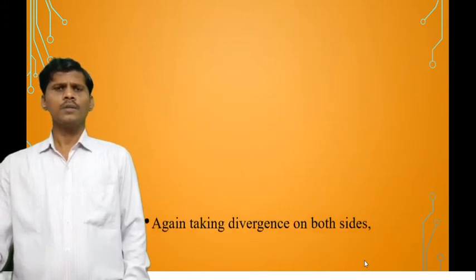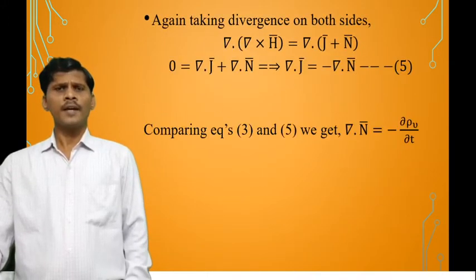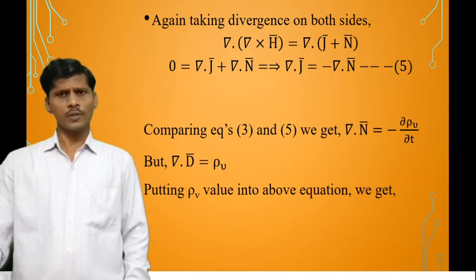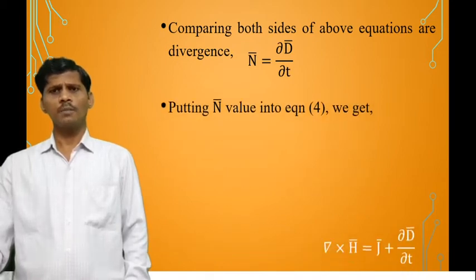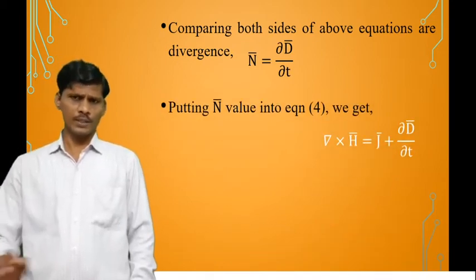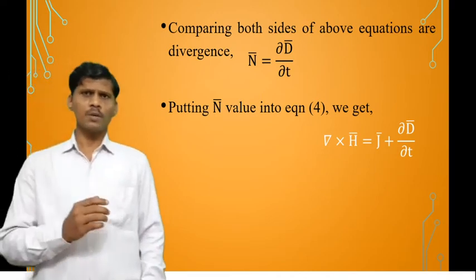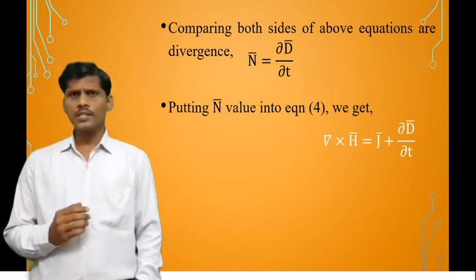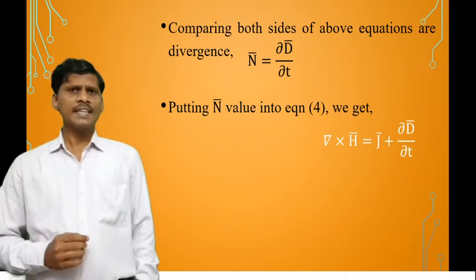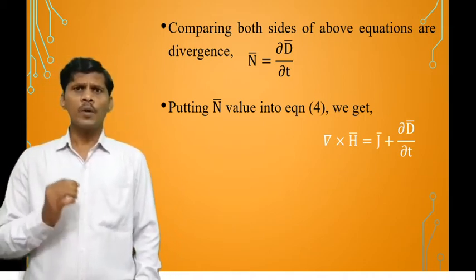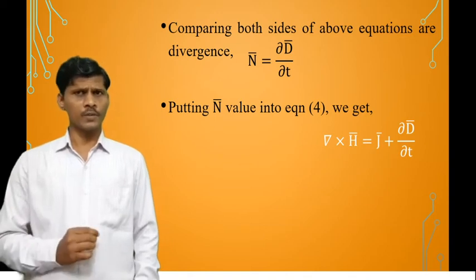We have the modified form of Ampere's circuital law, or inconsistency of Ampere's circuital law: del cross H bar is equal to J bar plus dou D bar by dou t. So this equation is called the inconsistency of Ampere's circuital law, or the modified form of Ampere's circuital law.